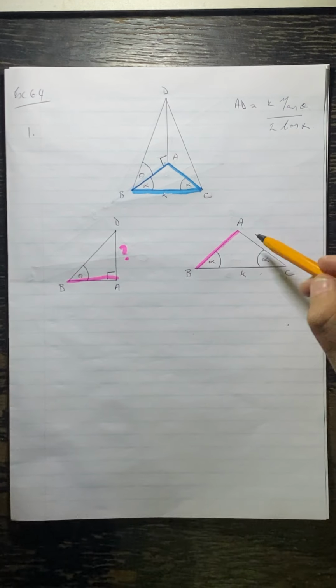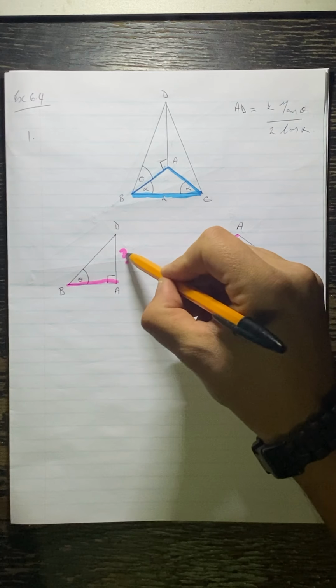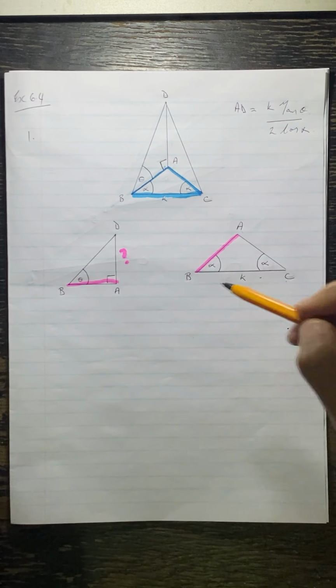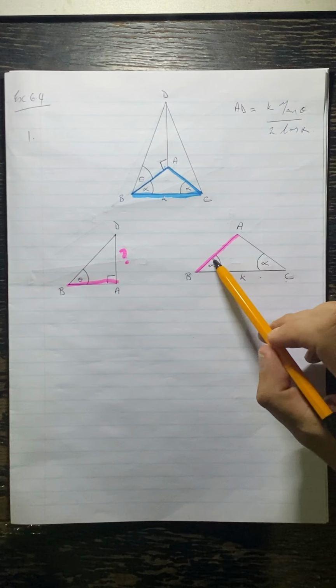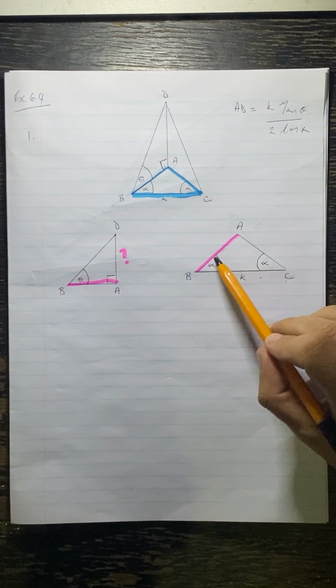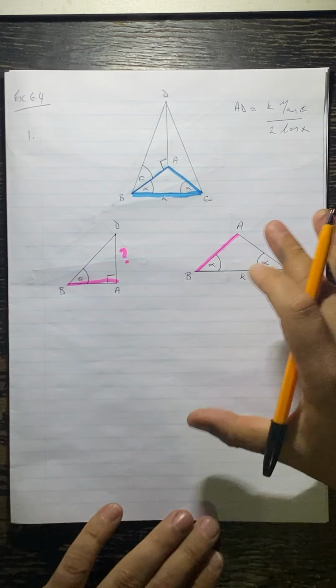So what I need to do is link all the information from this triangle into this triangle so we can use it for that DA side. So if I look at this triangle over here, I need to find this BA. And in order to find that BA, I need to look at the information that I have here.